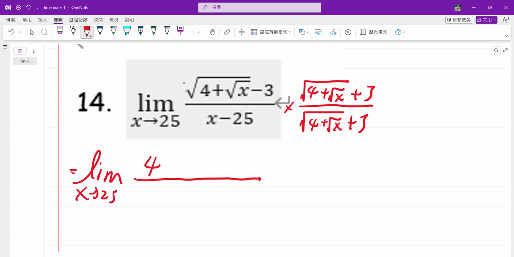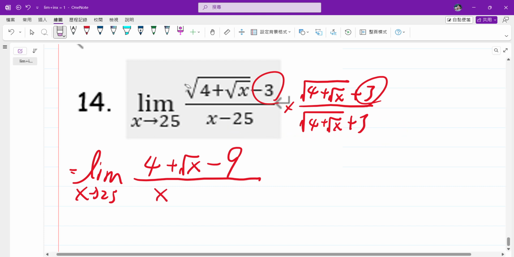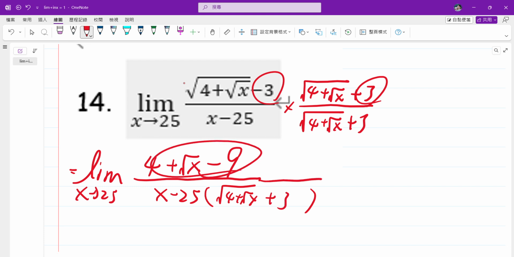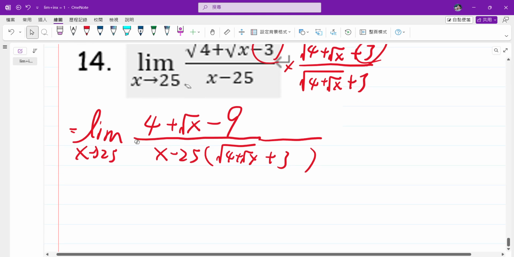A squared is 4 plus root x, minus b squared is 9. Alright? And don't expand this, just leave it in fraction form, x minus 25, and then 4 plus root x plus 3. Okay. This is what? This is root x minus 5.